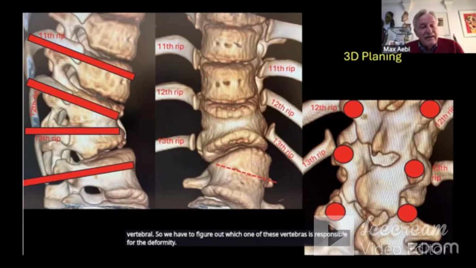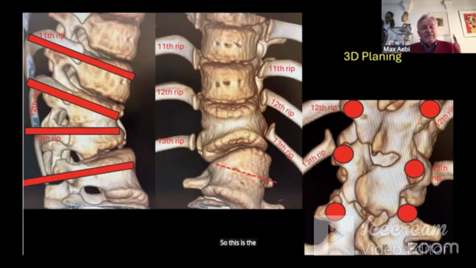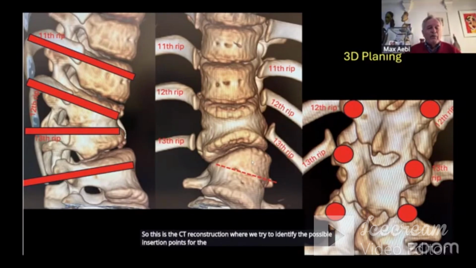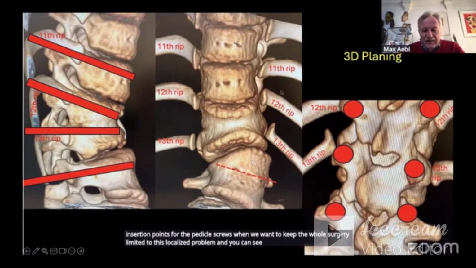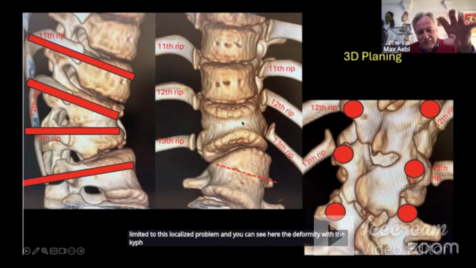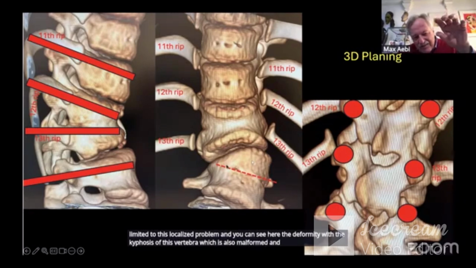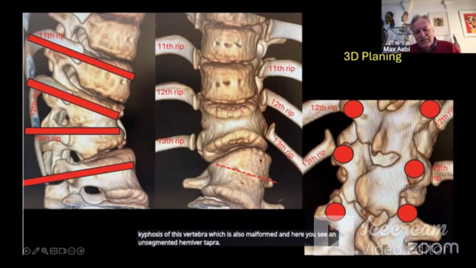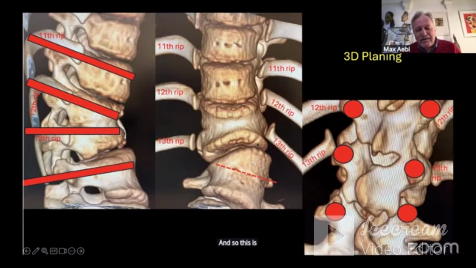This is the CT reconstruction, where we try to identify the possible insertion points for the pedicle screws when we want to keep the whole surgery limited to this localized problem. You can see here the deformity with the kyphosis of this vertebra, which is also malformed. And here you see an unsegmented hemivertebra. So this is a combination between these two things.